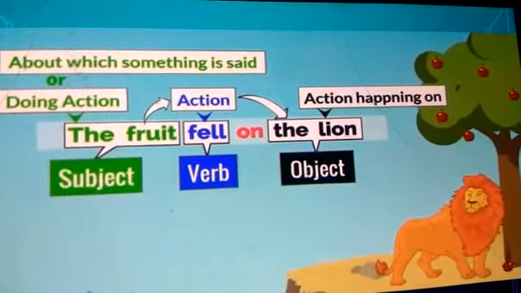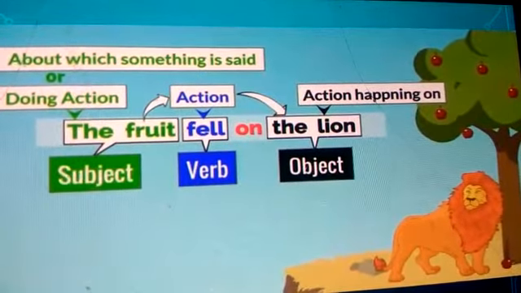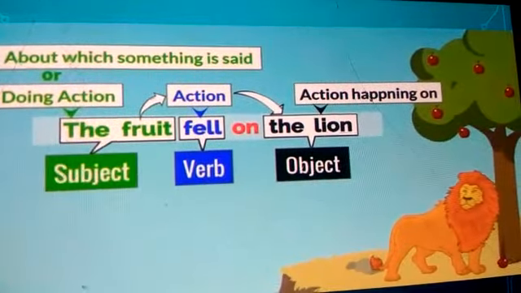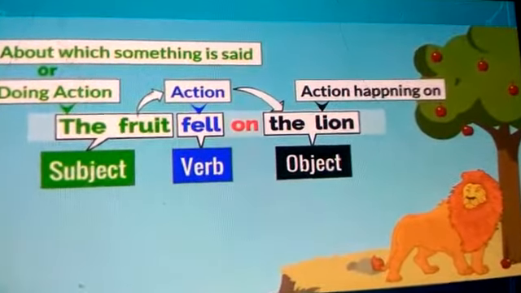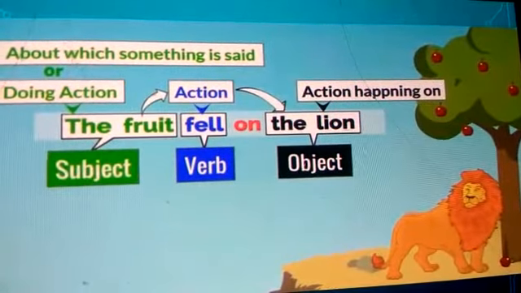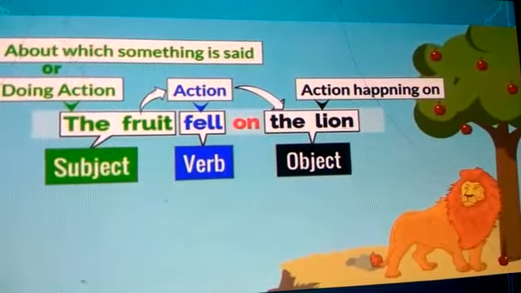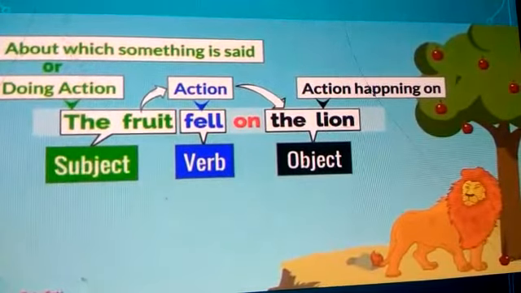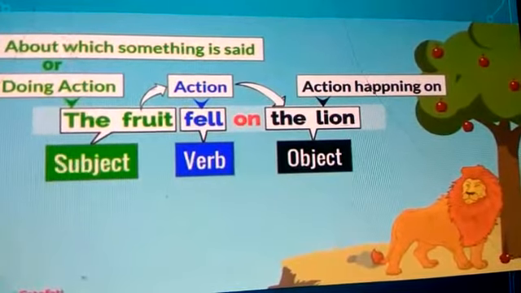Let's take one another example. The fruit fell on the line. Here again, what is the action? Fell. And who performs the action? The fruit. So the fruit is performing the action, so it is the subject. And the fruit fell on what?